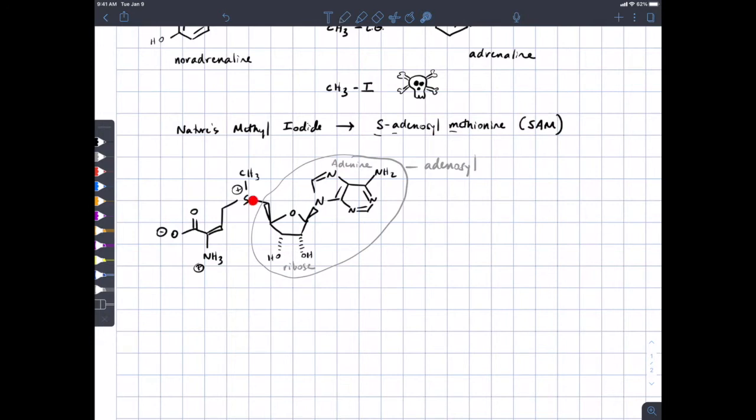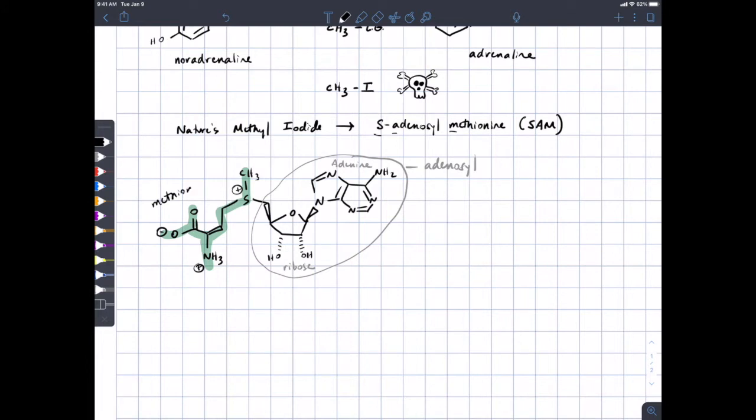The S comes from the fact that the adenosyl group is attached to the sulfur, and then this lovely portion of the molecule, which I guess I'll highlight in green, is called methionine. I didn't like how I highlighted it, so I'm going to try again. So this is the methionine portion.